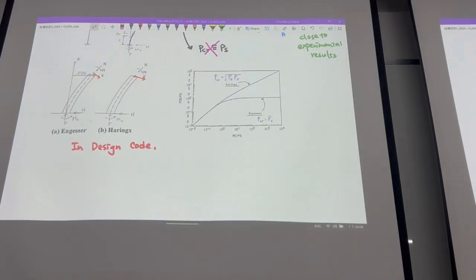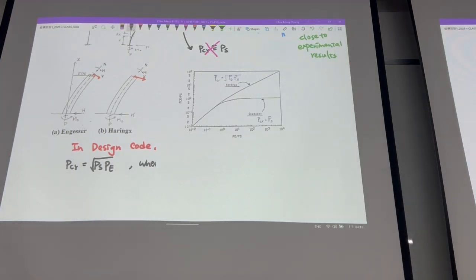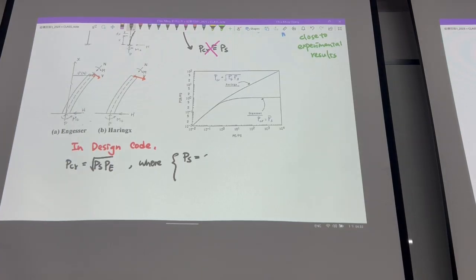In the design part, what do they consider first? That PCR is equal to PS times PE to the square root. Then PS is G times AS, that will be G times A H divided by TR. H is total height, TR is the total thickness of the rubber layer.